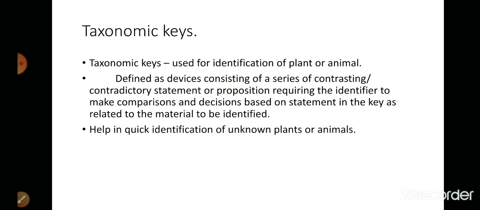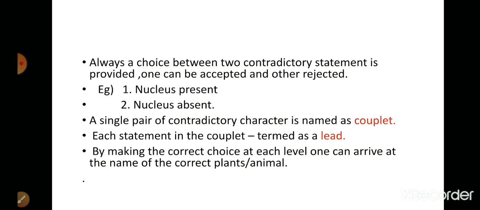If we find any new variety of organism, we have to identify them for our better understanding of what class they belong to and what kind of characters they possess. For the identification of these characters or their morphology, we use the taxonomic key.